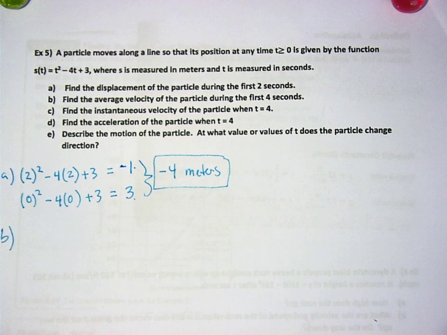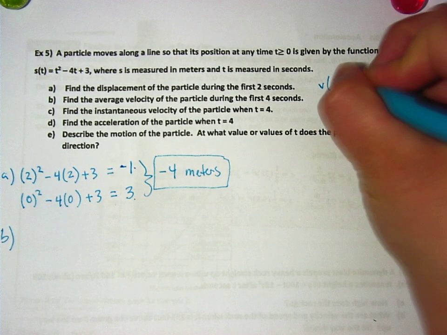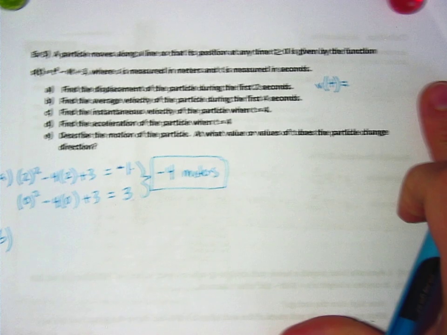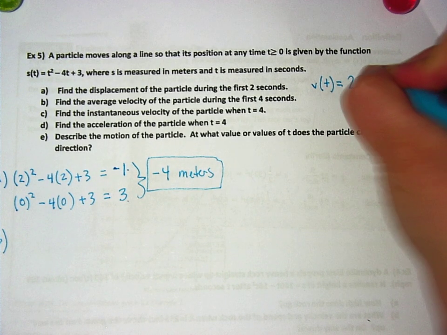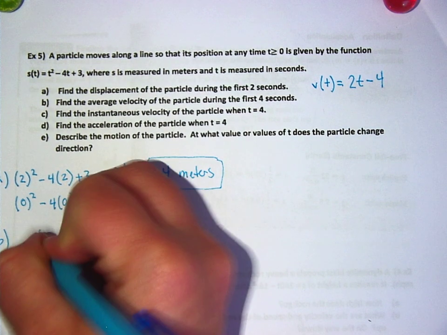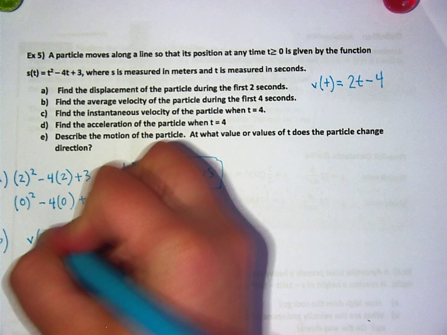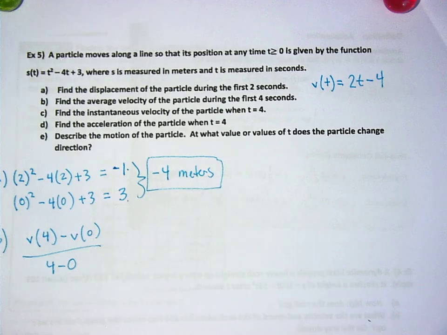B, average velocity of the particle during the first 4 seconds. For that, we're going to figure out first the velocity function. So V of t equals, go ahead. 2t minus 4. Correct. Okay, so that's v of t, and then we're going to do v of 4 minus v of 0 divided by 4 minus 0, just as an average.